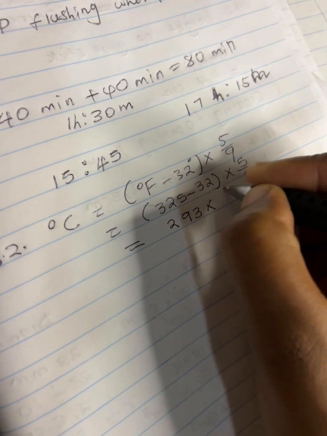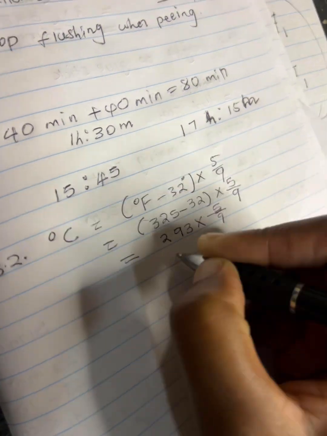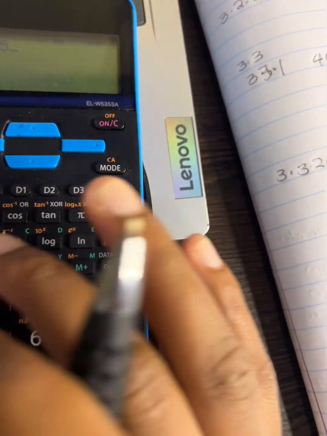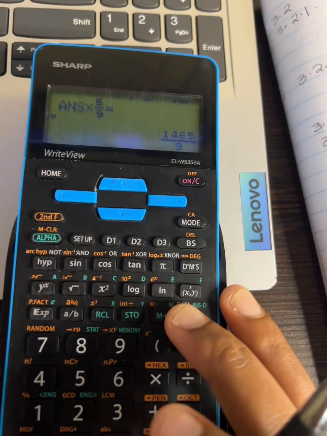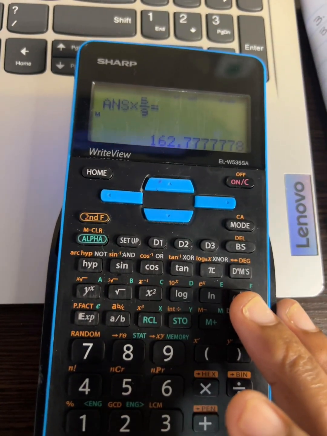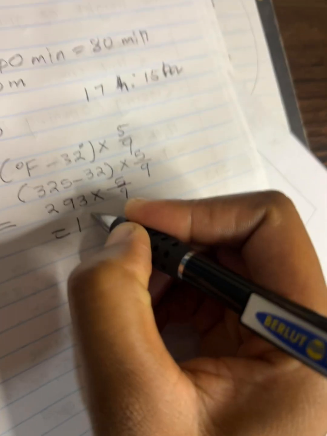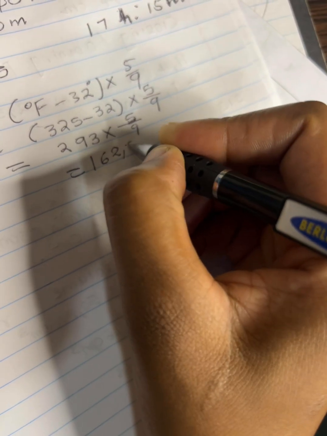The answer will be 293 multiplied by 5/9, and the answer would be 162.8.